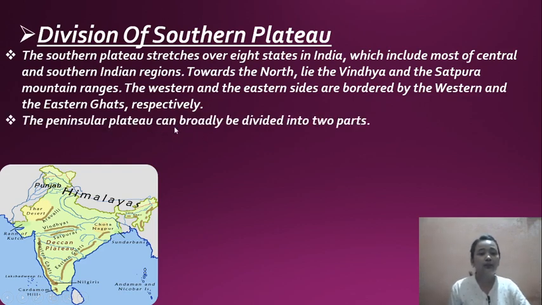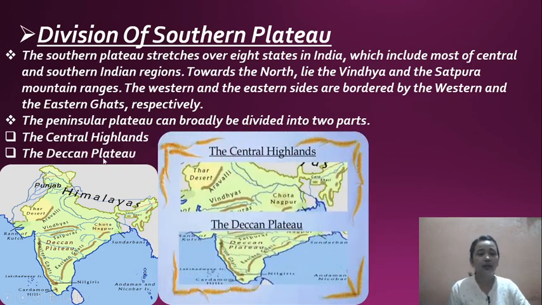This peninsular plateau can be broadly divided into two parts: the Central Highlands and the Deccan Plateau. As you can see in the image, the Central Highlands are in the upper part and the Deccan Plateau is in the lower part.